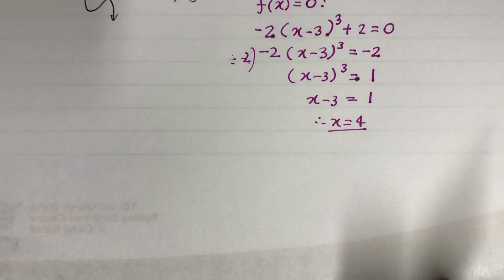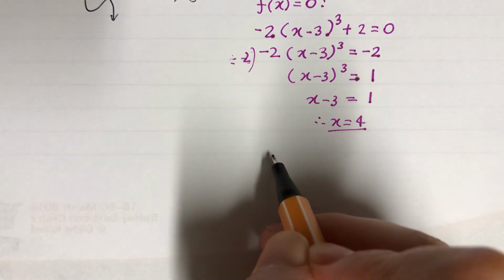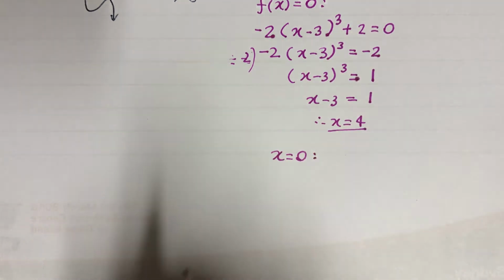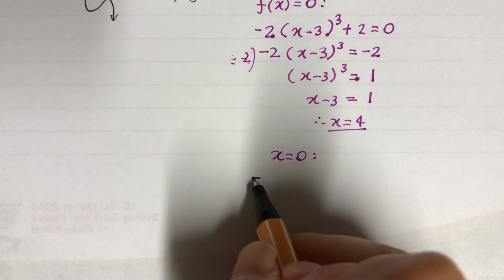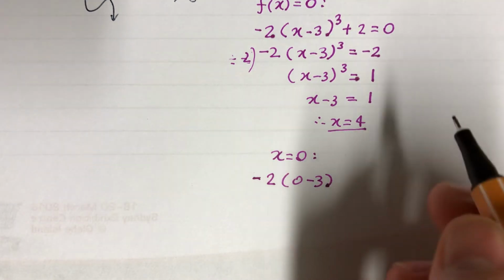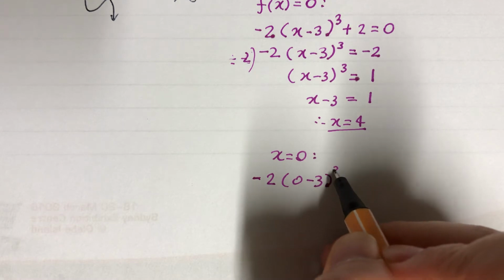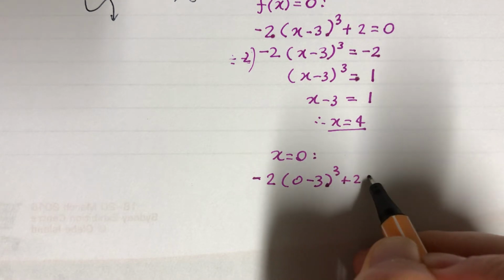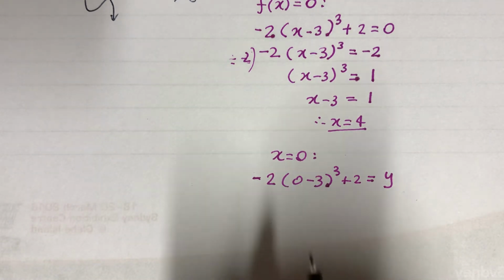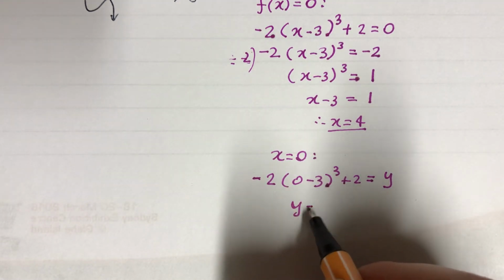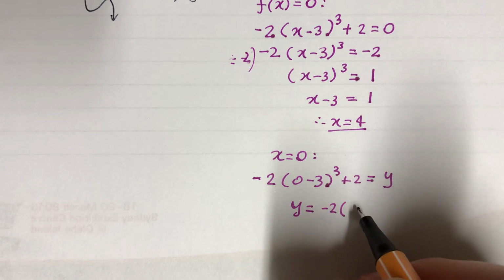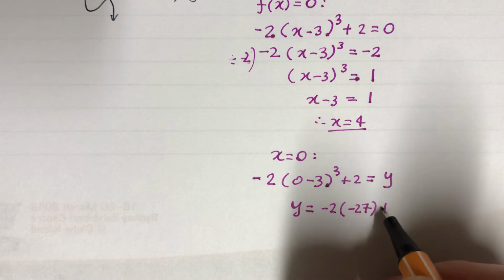Now I'm going to push up a little, and I'm going to see what my y-intercept is when x equals 0. So that will be a lot easier for us. Then minus 2 (x minus 3) cubed plus 2 equals y. So we put x equals 0, yeah? So that will be y equals minus 2 times minus 3 to the power of 3, which is minus 27, plus 2.